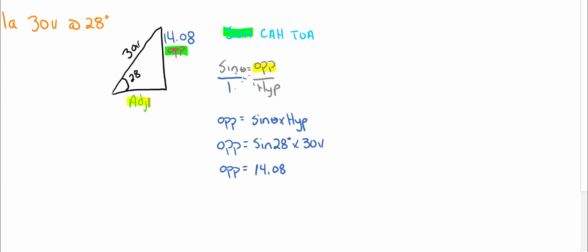We need to find our adjacent. What trigonometric function can I use to find the adjacent? Well, I could use my tangent function, or I could use my cosine function. Cosine takes into account the hypotenuse, the angle, and the adjacent. So let's use cos. Cos theta is equal to the adjacent divided by the hypotenuse. What am I trying to isolate? I'm trying to isolate the adjacent.